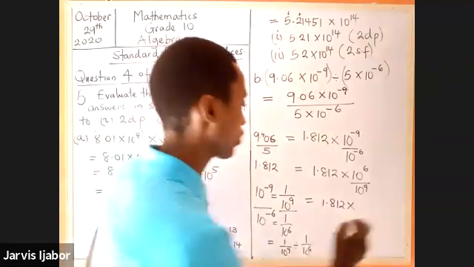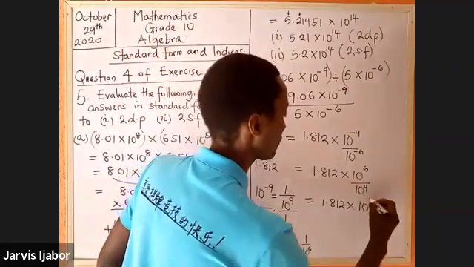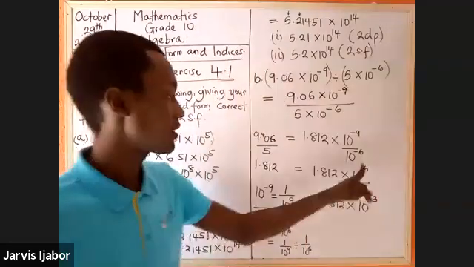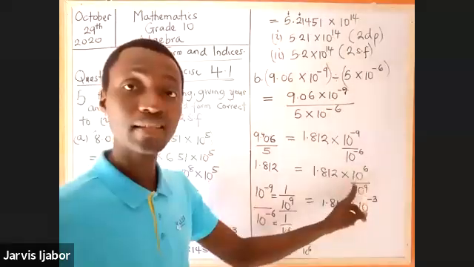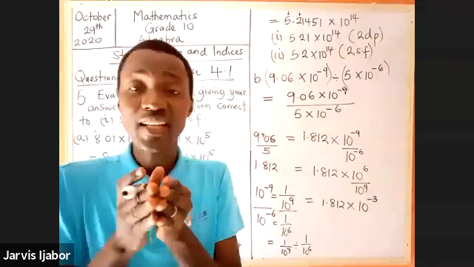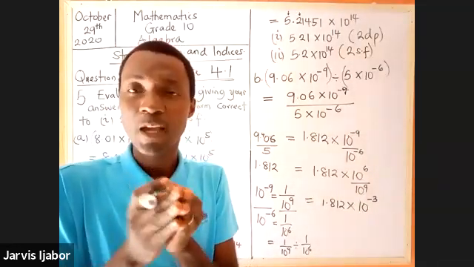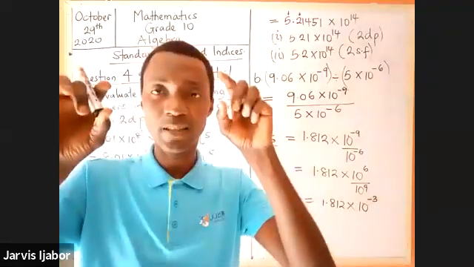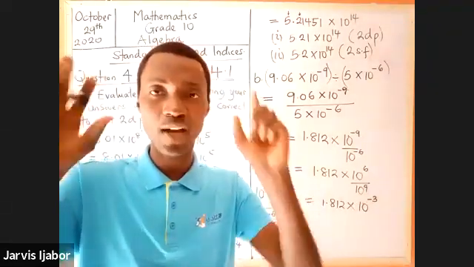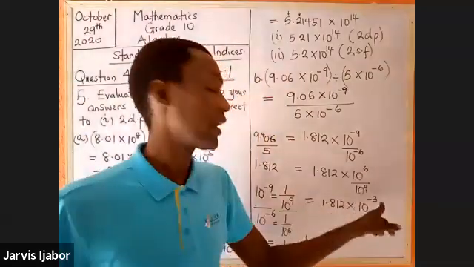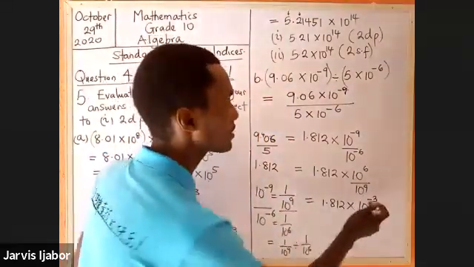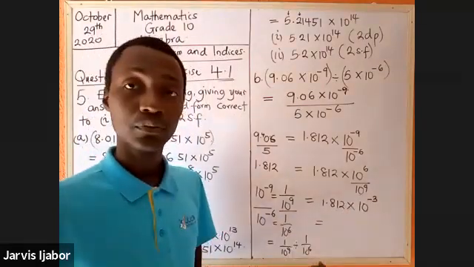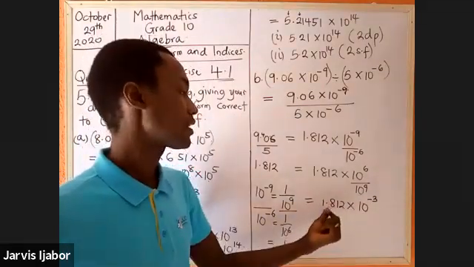So that will mean that this will be 10 raised to the power of -3. That is 6 minus 9. The bases are the same. And once you're dividing numbers that are the same, what are you doing to their indices? You're subtracting. So it is numerator minus denominator. Now, this -3 means that I am duty bound to move this by 3 places to the left.